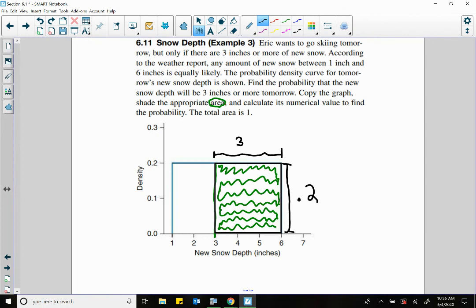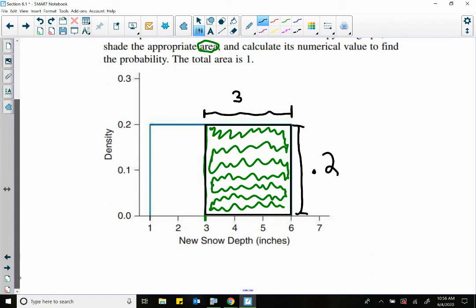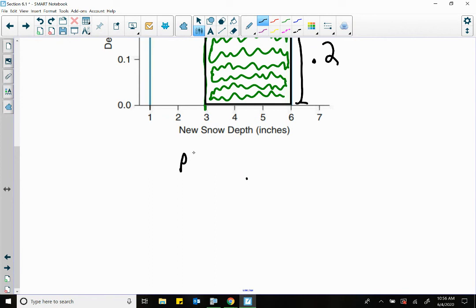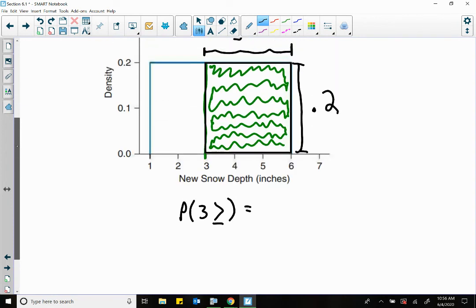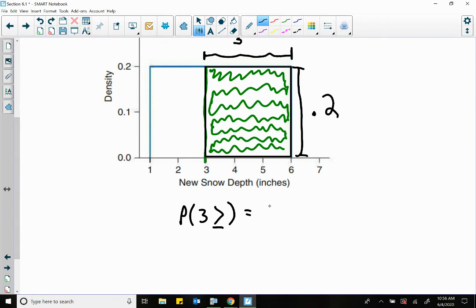So what is the probability? So now that we got that information, what is the probability of 3 or more inches? All we're going to do is find the area of that little rectangle, which is 3 times 0.2.